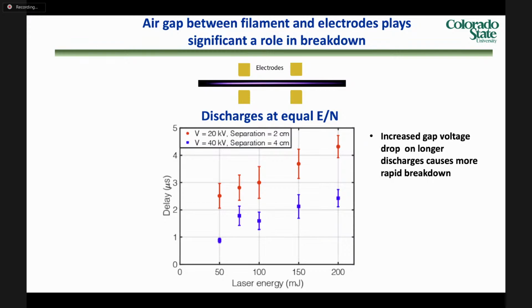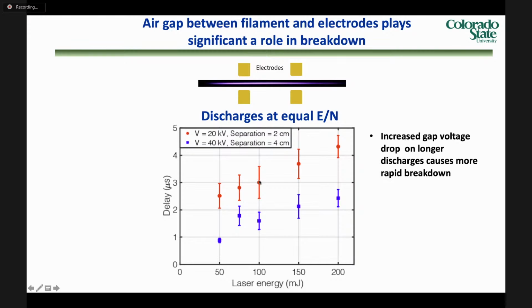So we made discharges at equal E over N, through a 2 centimeter gap and through a 4 centimeter gap. And what do we see? If we measure the delay between the arrival of the laser pulse and the breakdown, we see that the discharges through a 4-centimeter channel break sooner, with less delay than the one through a 2-centimeter channel.